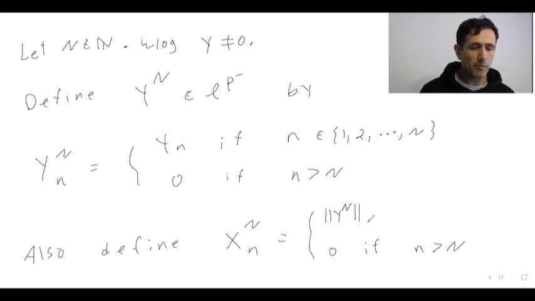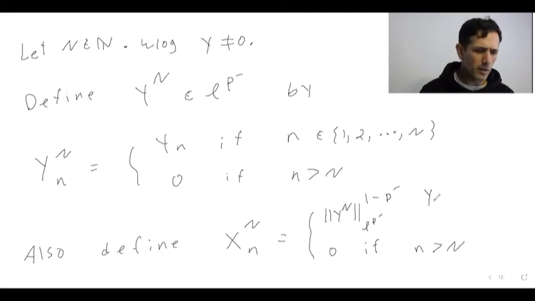So I'm fine writing this here. p prime, 1 minus p prime.